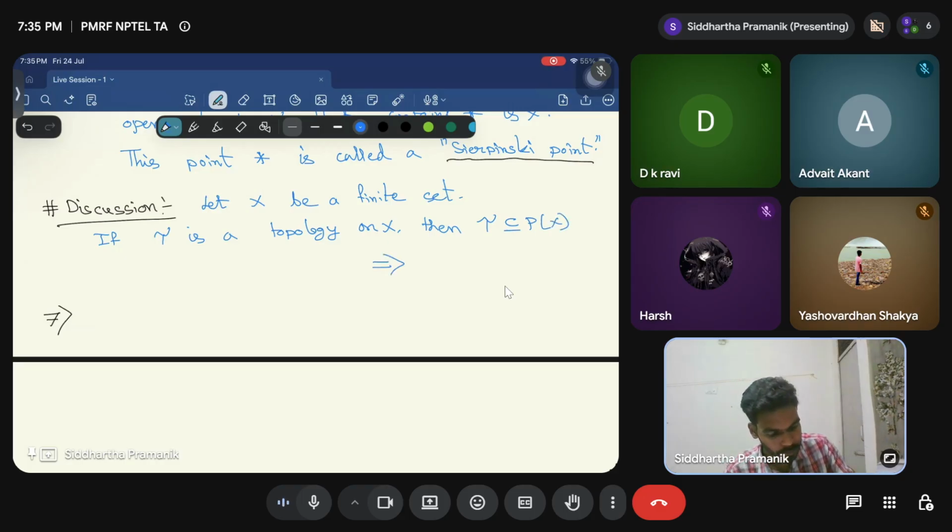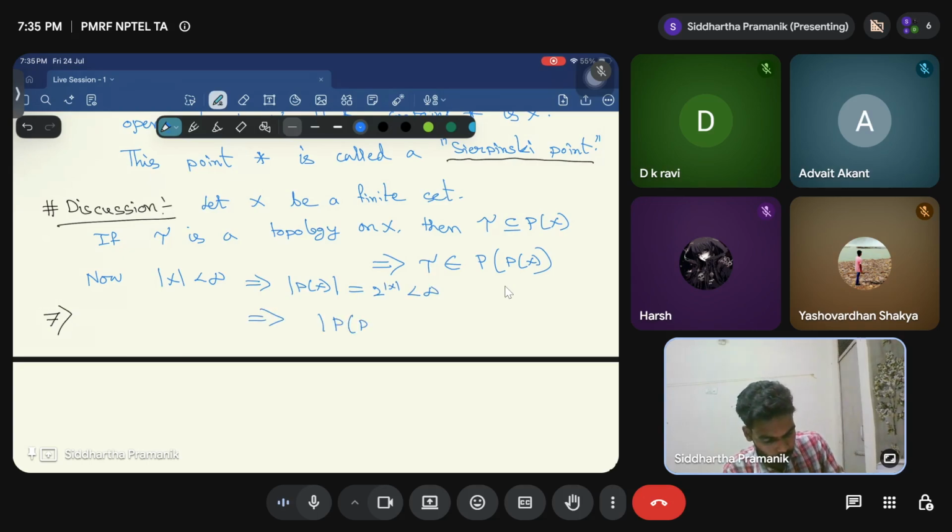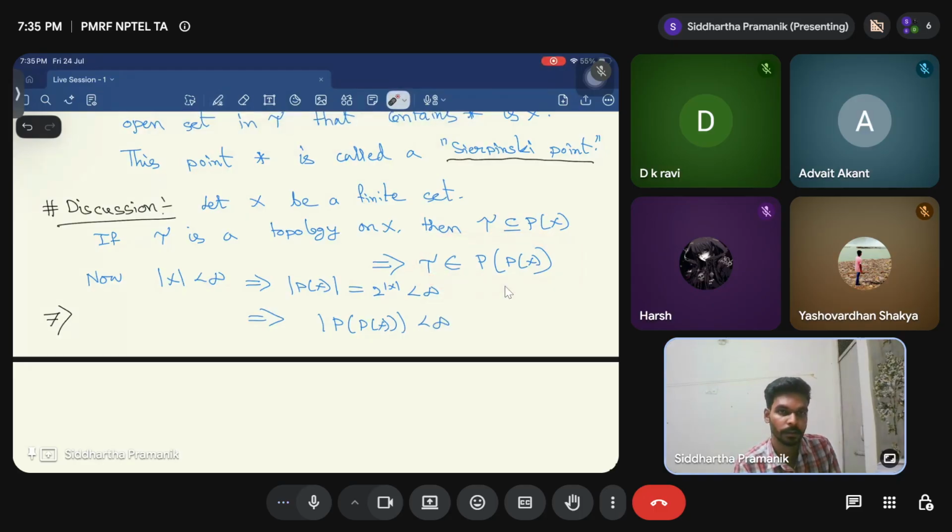So that means tau belongs to the power set of X. But now cardinality of X is finite. So cardinality of power set of X is also finite, which is 2 to the power cardinality of X. And tau is one of the members of that set. So you can have only finite number of topologies.